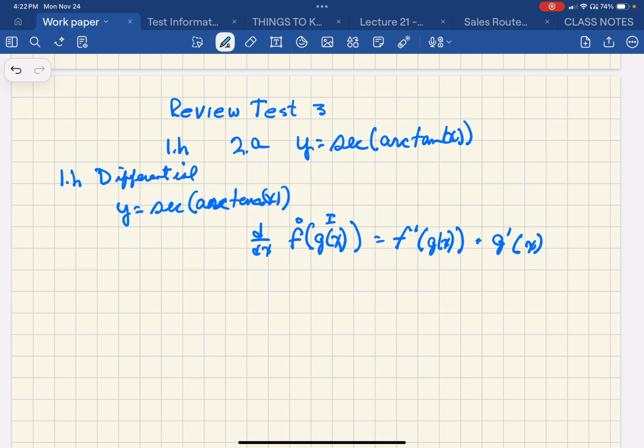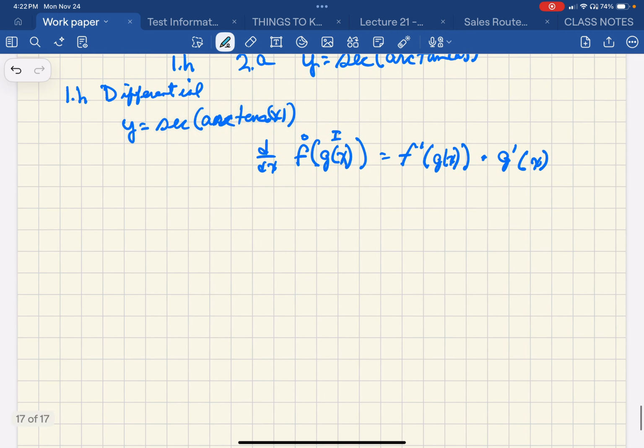So now we apply that to our equation, and if we have the differential of y is equal to, first, this is going to be our outside function, and the arctangent will be the inside function. The differential of the secant of theta is the secant of theta times the tangent of theta.